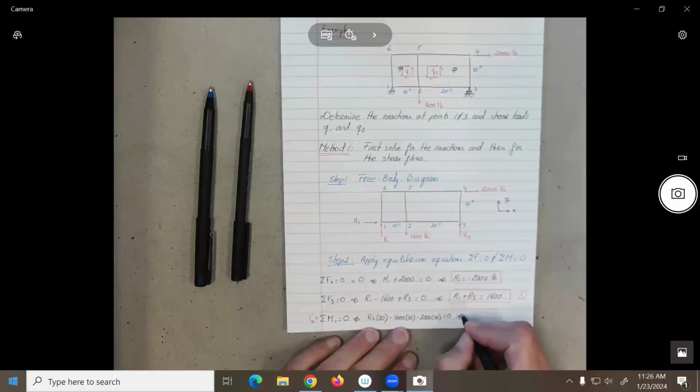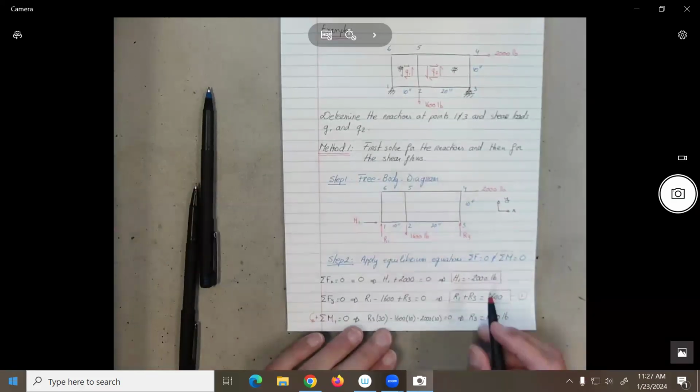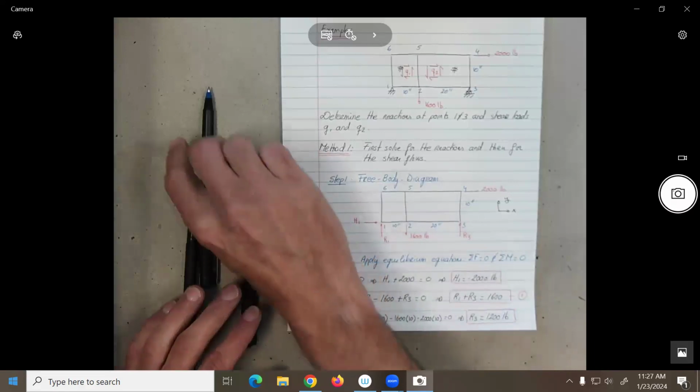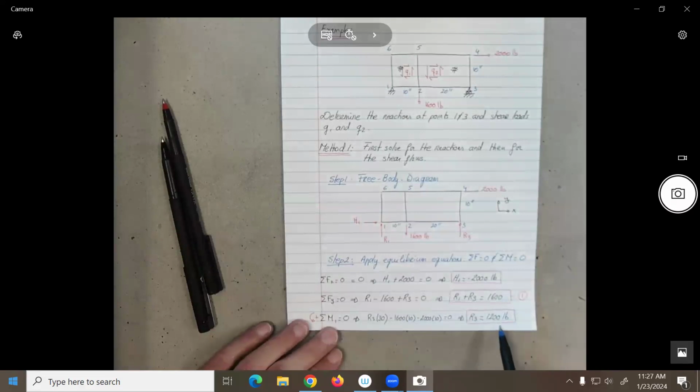So from this equation, you can trust me, if you solve for this, this gives you 36. You add these 2 divided by 3. So 36 divided by 3 will be basically 12, plus the 0, this gives you R3 should be equal to 1200 pounds. Okay, now, what can I do?